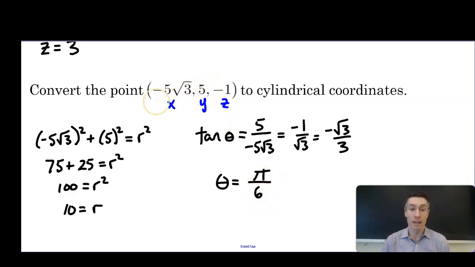And really, you want to highlight the x and y coordinate. So if you have a negative x value with a positive y value, that would take you into the second quadrant. So this would be 5 pi over 6. Z stays z, so our point would be 10, 5 pi over 6, negative 1. And there is our point in cylindrical coordinates that's equivalent to the rectangular point, negative 5 square root of 3, 5, negative 1.